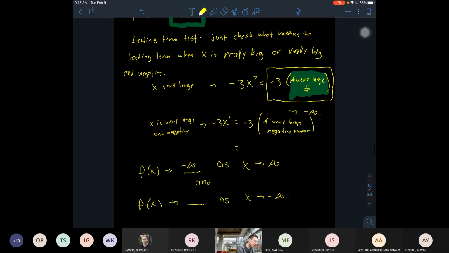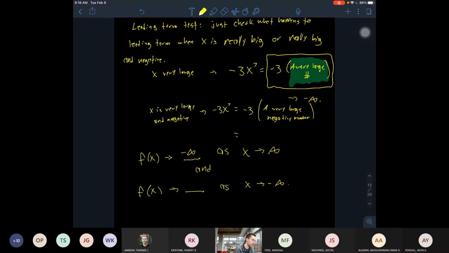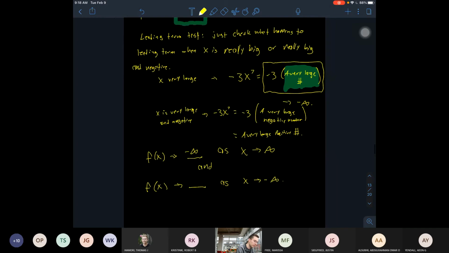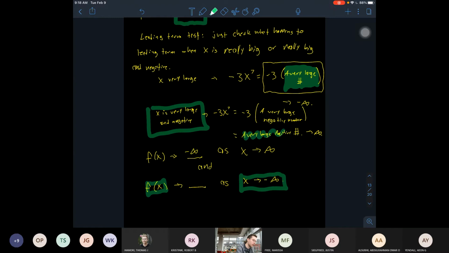And if I take negative 3 and multiply that times a very large negative number, I'm going to get a very large number, which is positive. Okay? So this means I'm going to positive infinity. Okay, so as x becomes very large and negative, in other words, as x goes to negative infinity, we see that f of x is becoming a very large positive number, in other words, going to positive infinity.